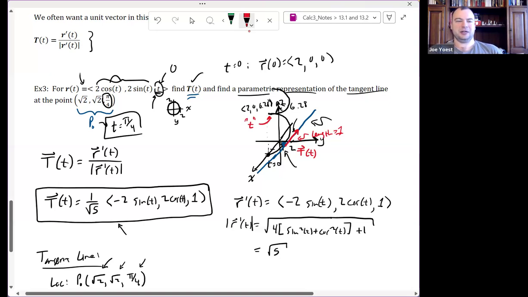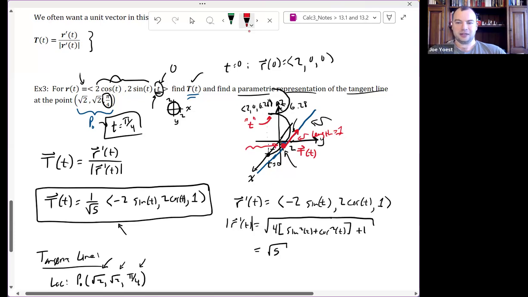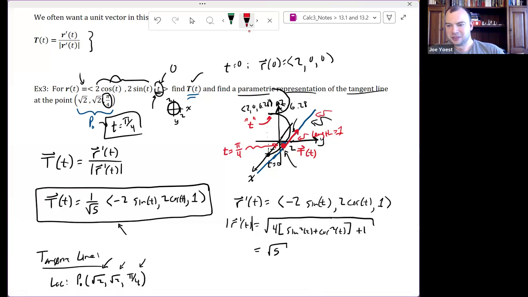So t's job here, when I say I'm interested in this point here, the point of tangency, we're saying, okay, that's the point associated with t equals pi over 4. But I also want to parameterize my line here. So I need a different parameter to parameterize my line because I don't want these two running in lockstep with one another.